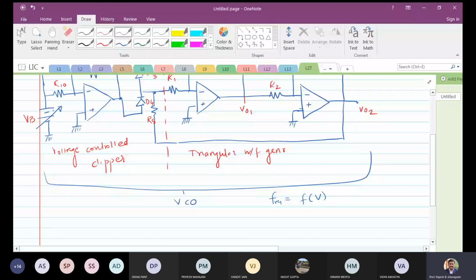And this diode D3, if you look at it carefully, it will prevent the positive peak of the square wave input to the integrator, that is via this R8.